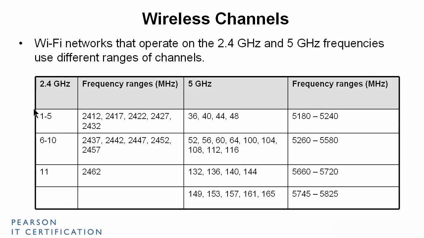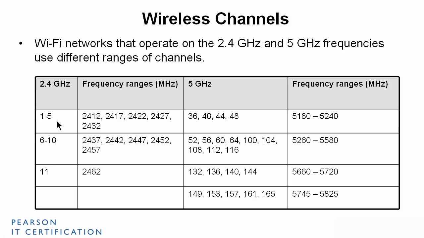Now, what's important here? You want to select a channel, first of all, that doesn't conflict with other devices. Other devices might be using the same 2.4 gigahertz frequency, but most importantly, check wireless access points. So let's say you already have a wireless network running on channel 1, and you need to install a second wireless network.